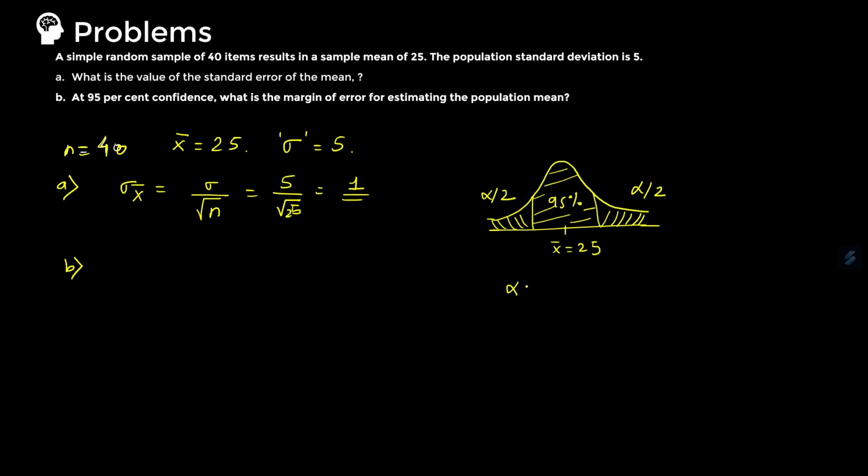So how do we calculate the alpha? We have our formula as 1 minus 0.95, which is 0.05.